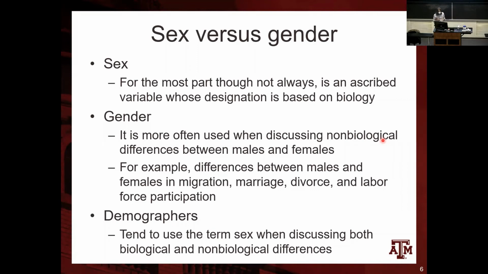Usually demographers tend to use the term sex even when they are discussing non-biological differences between men and women. So even sometimes here in the textbook, or when I will be talking about mortality rates by sex, migration rates by sex, and so on.